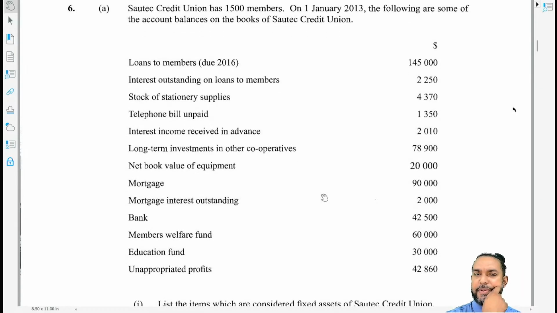There's a piece of information missing. Anybody seeing share capital there? No. Okay, so here we will do.